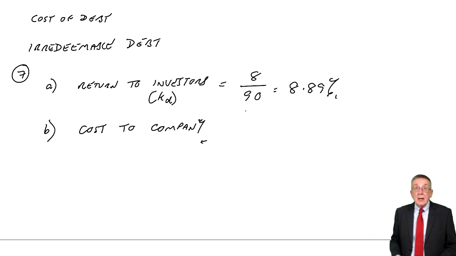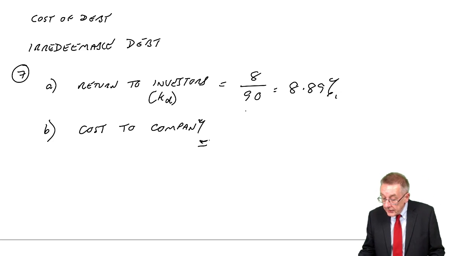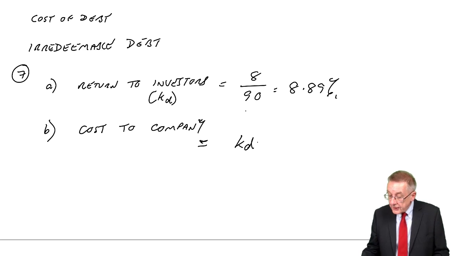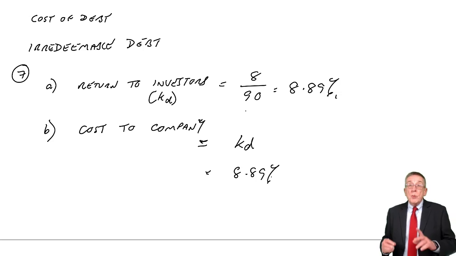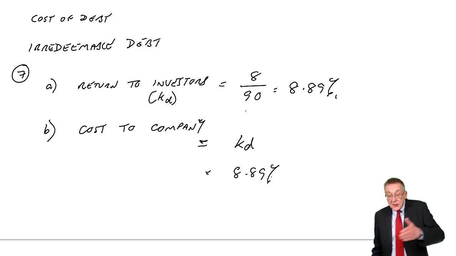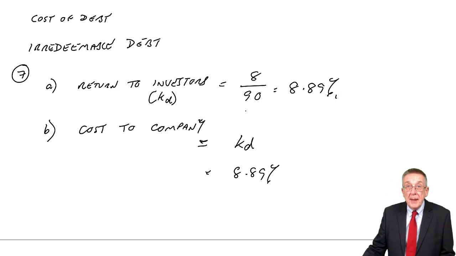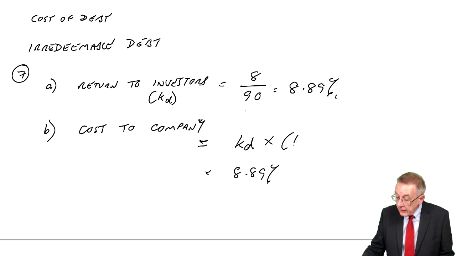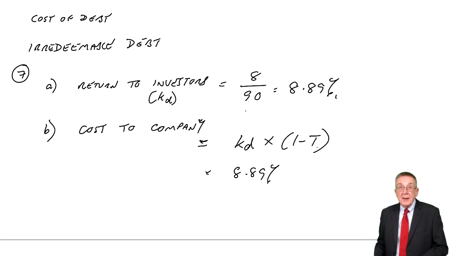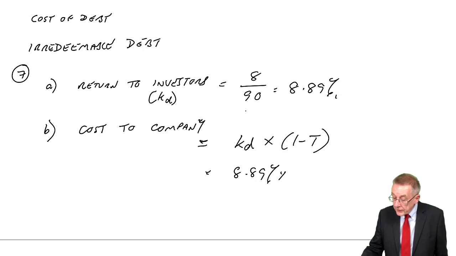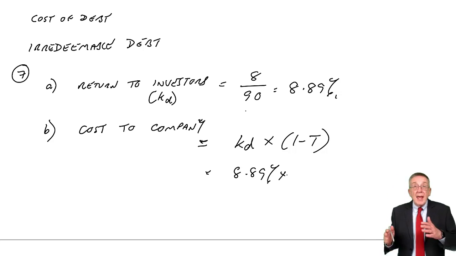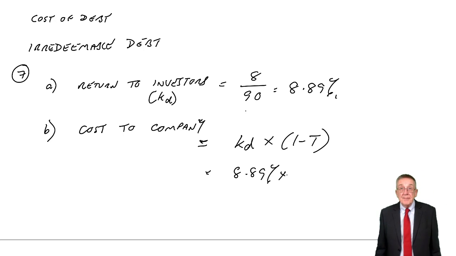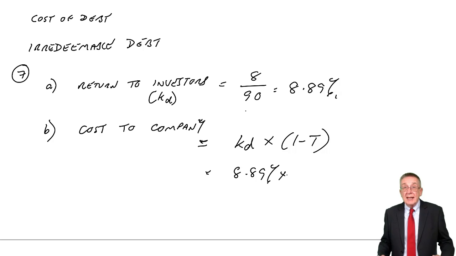Now, you can calculate the cost of the company two ways. You can either say, okay, we're giving the investors 8.89%, but we'll get tax relief, so we'll save 30% of whatever we pay them. The net cost will be that times 1 minus t. Or to make more sense of it, 8.89% is what we're giving them. We'll save 30% of the interest because it's tax allowable, we'll pay less tax.